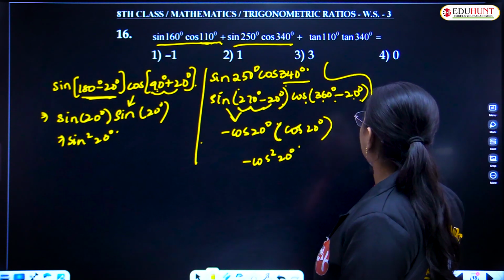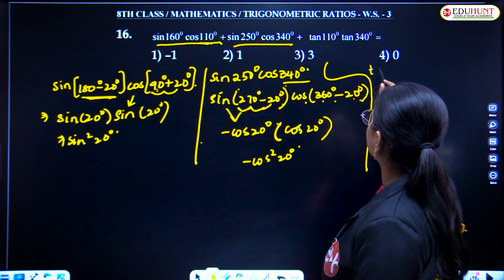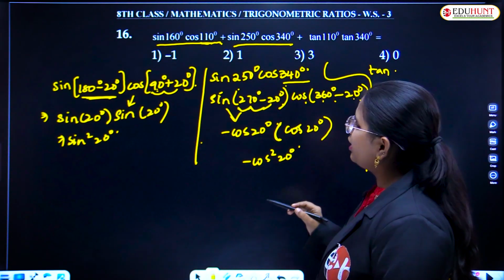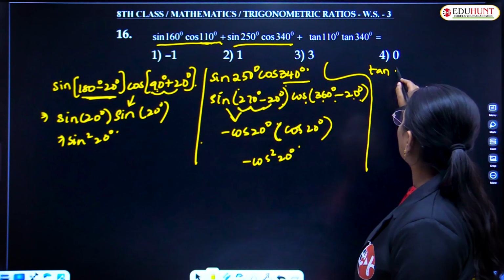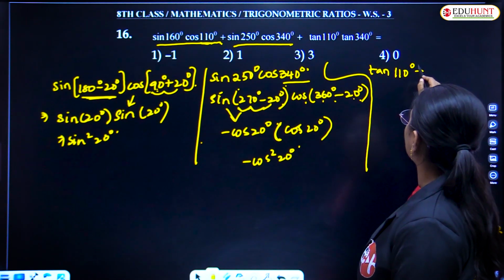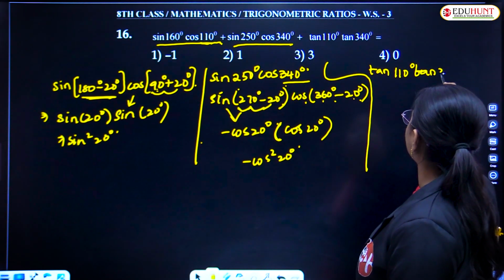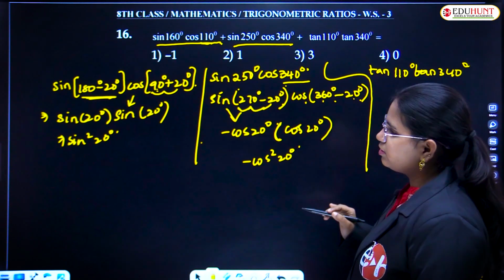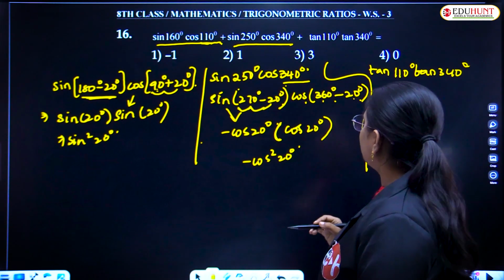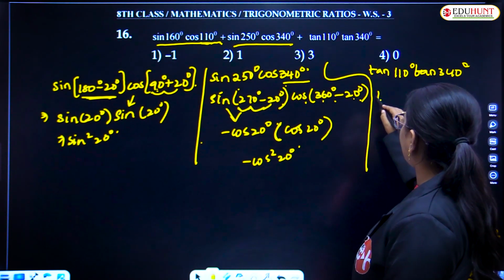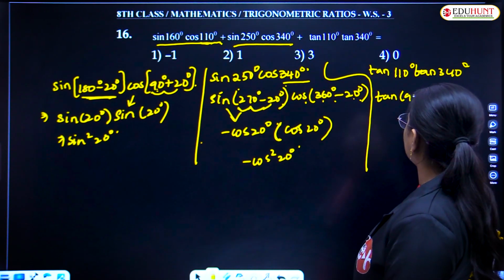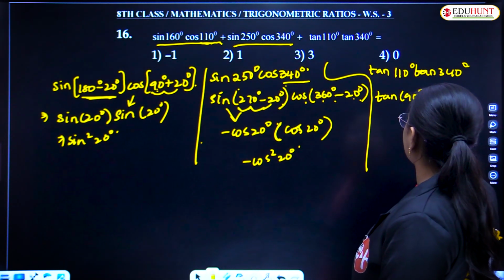Okay. Next one. You are left over with tan 110 degree into tan 340 degree. Correct? So what will I be getting here? Tan 110 can be written as 90 degree plus 20 degree.